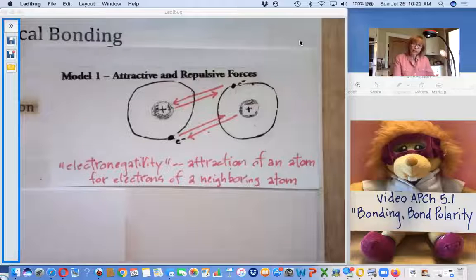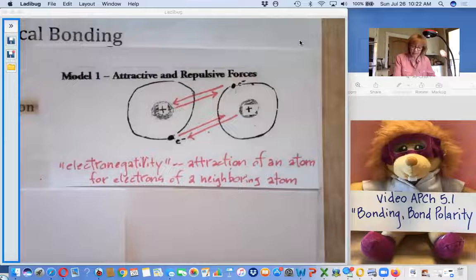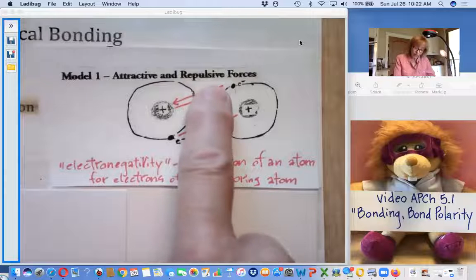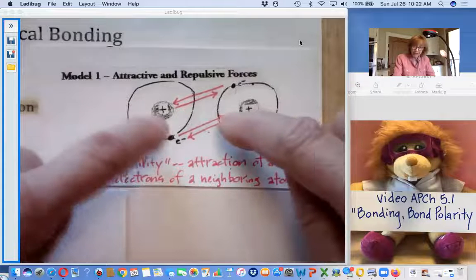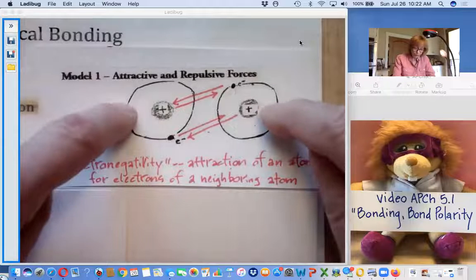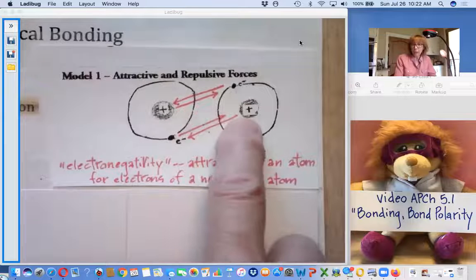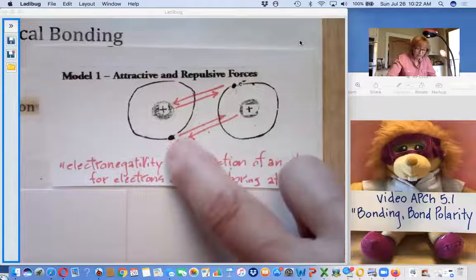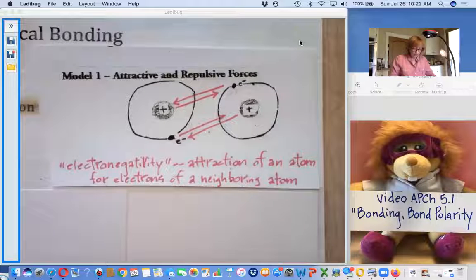Now, if that attractive force is strong enough, then we say the two atoms are bonded. But there is also a force of repulsion going on. So there is a limit to how close these two atoms can get to each other. At some point, if they're too close, the protons will repel each other, as will the electrons in the two atoms, push away or repel.